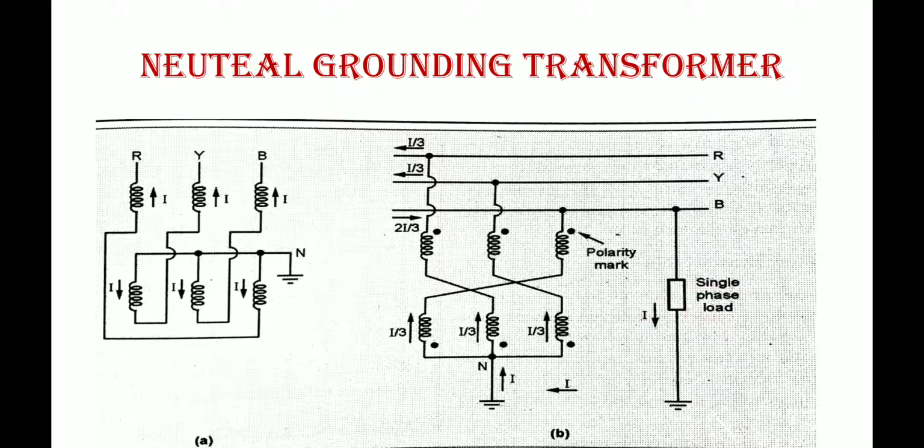We write this as I by 3, I by 3, and I by 3. This is the figure of the grounding transformer.